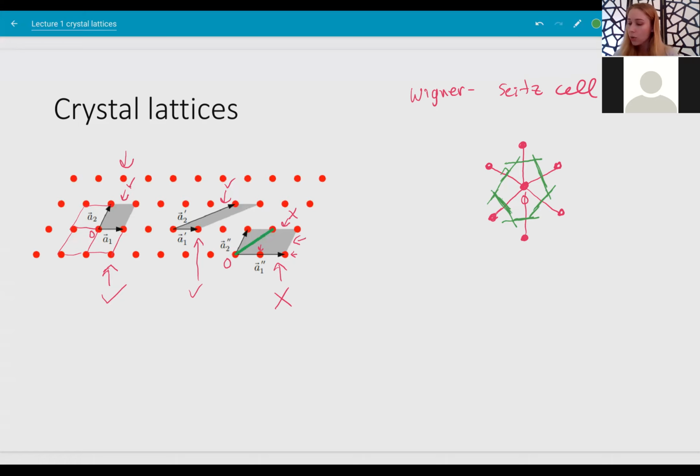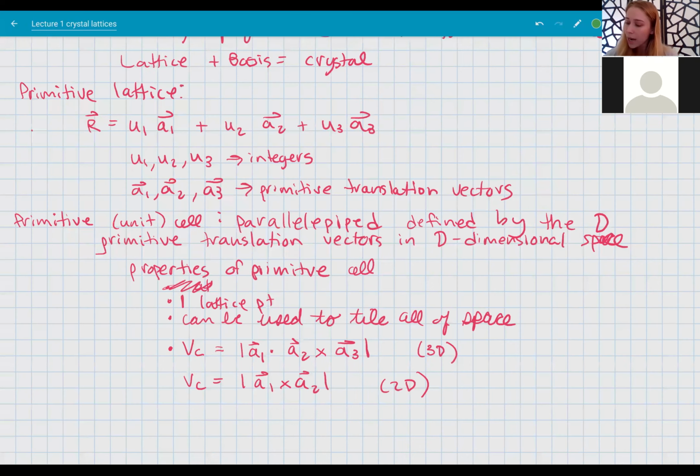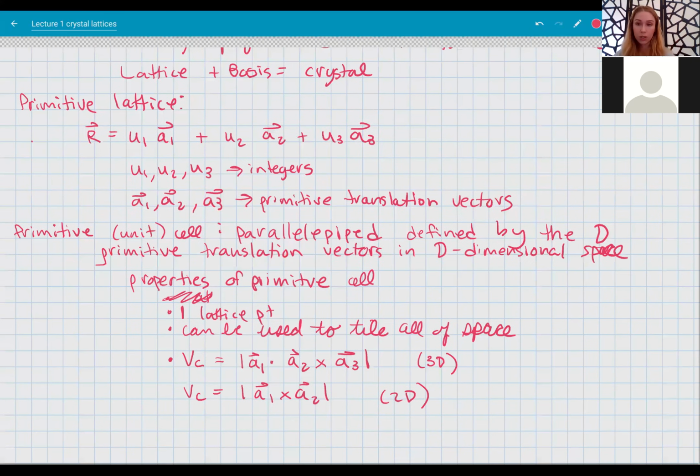Okay, so this is the general idea of the primitive translation vectors and the primitive unit cell. At this point, I want to return to this concept right here, the idea that a lattice plus a basis equals a crystal.